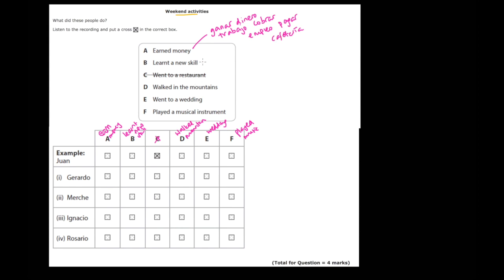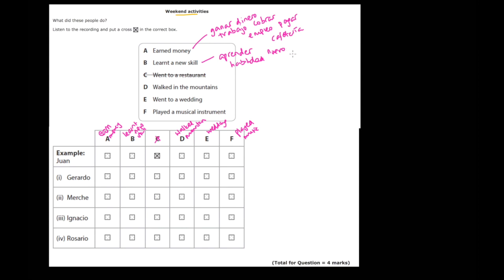Learn a new skill, okay? To learn is aprender. A skill could be habilidad. I could also hear nuevo for new. Think of what skills this person might have learned.